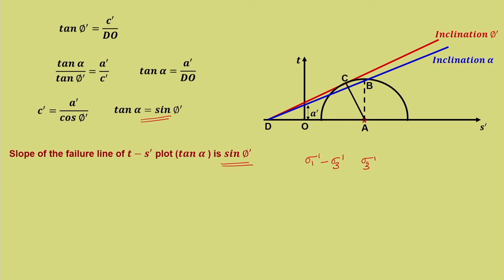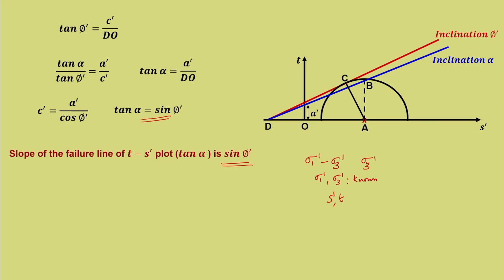So, sigma 1 dash and sigma 3 dash are known. Now, what will you do? You need to plot the Mohr circle and get the shear strength parameters C dash and phi dash as applicable.